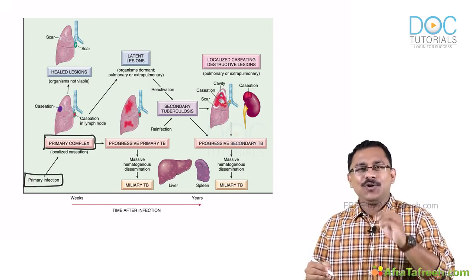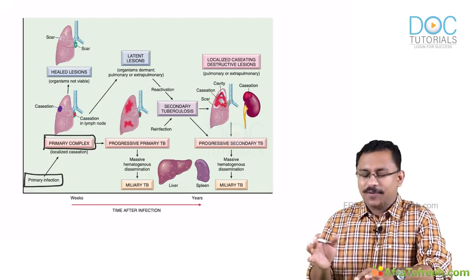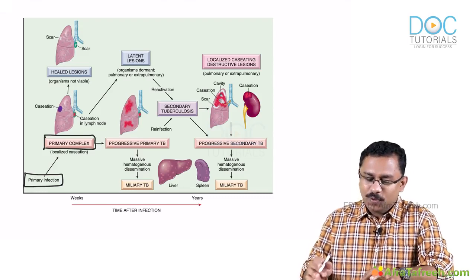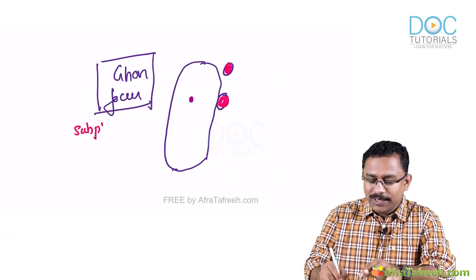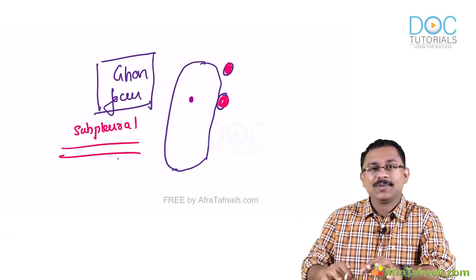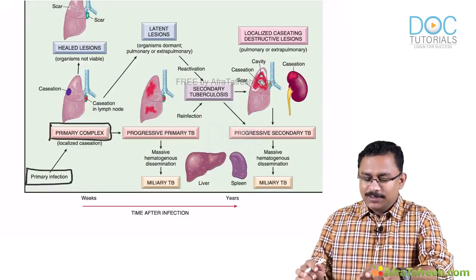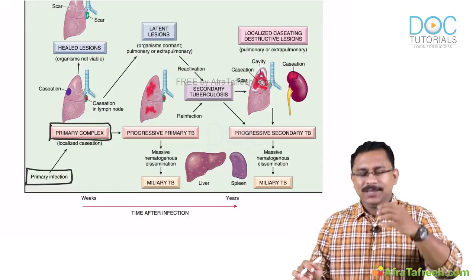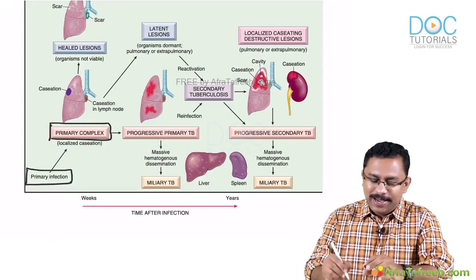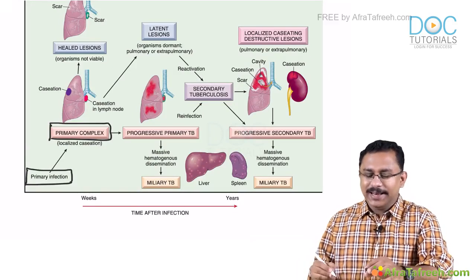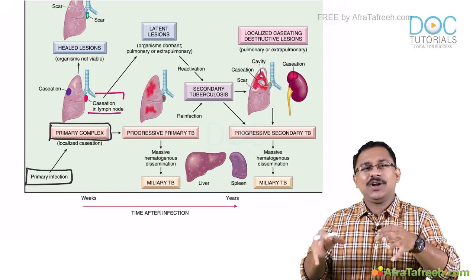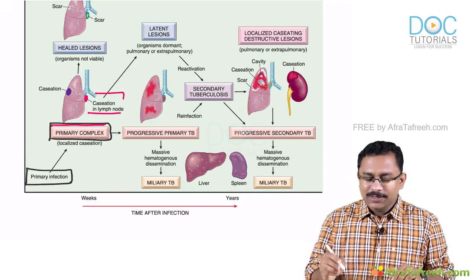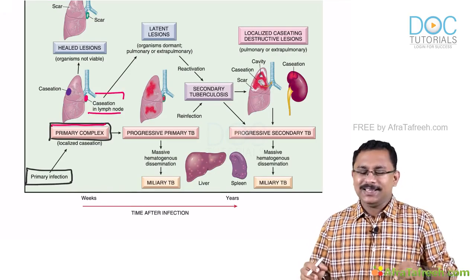Just one more point about the Ghon focus: its location is usually subpleural, just beneath the pleura. And you see here there is some enlargement and caseation in the lymph node as well. So that is your Ghon complex.